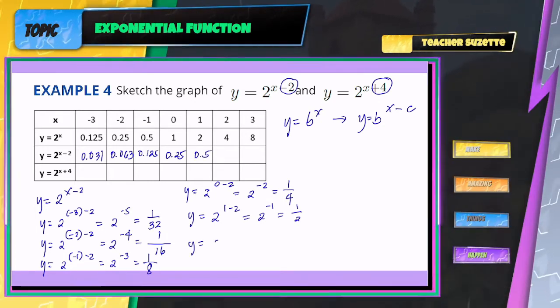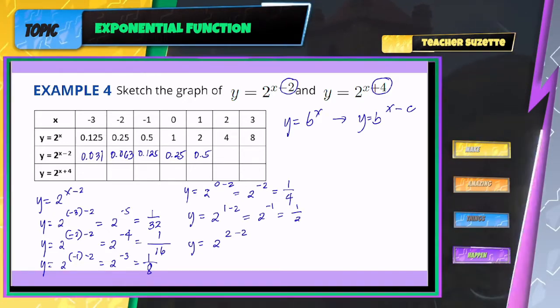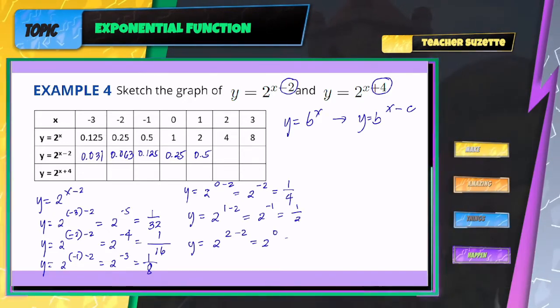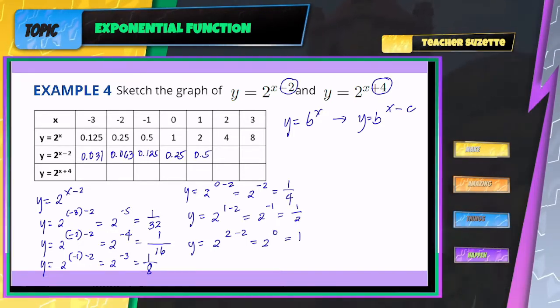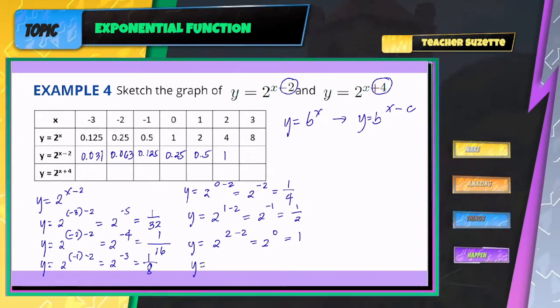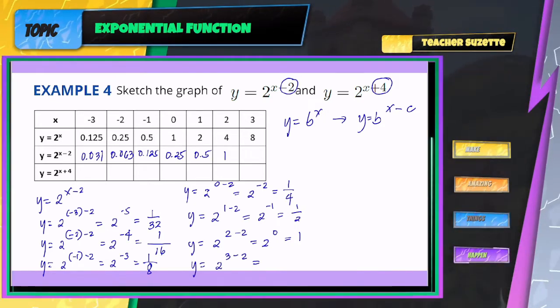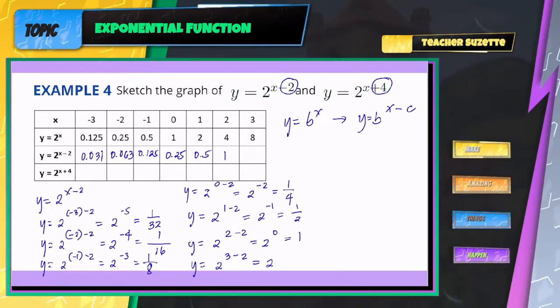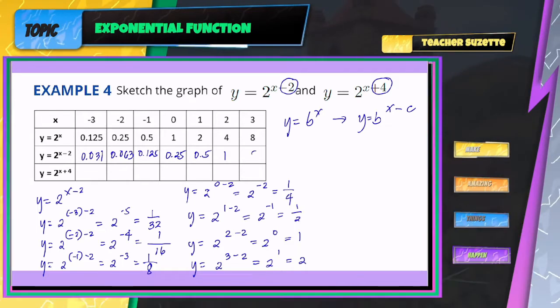Next, y is equal to 2 raised to 2 minus 2. And 2 minus 2 is equal to 0. So, 2 raised to 0 is, by property, equal to 1. Last, we have y is equal to 2 raised to 3 minus 2. And 3 minus 2 is equal to 1. So, 2 raised to 1 is equal to 2.